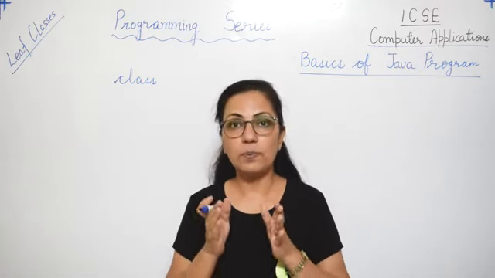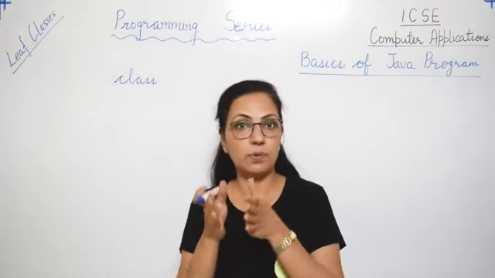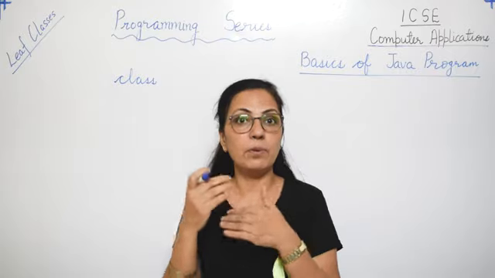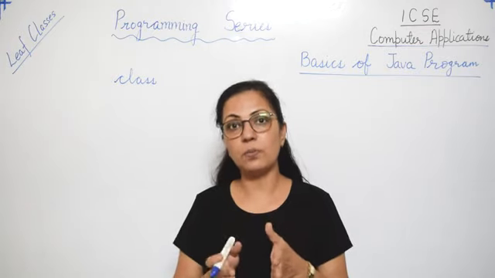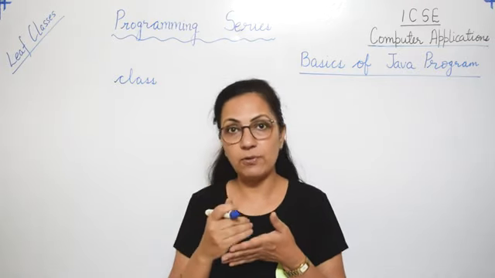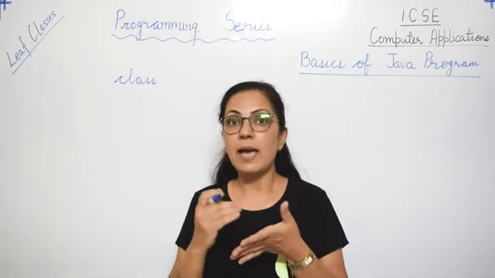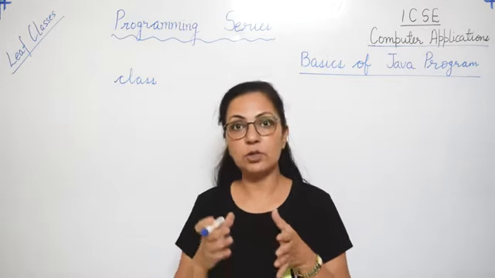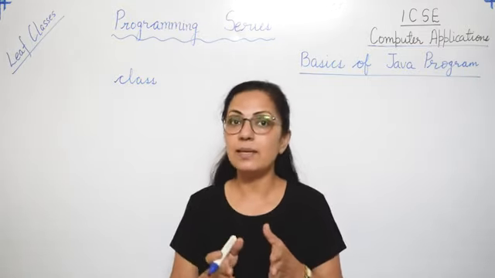And a program always works on the principle of input, process, output, as your computer works. You give input to the computer, it processes that, and you get the result. Similarly, in a program we give the values in the form of assignment, or we input the values during the execution of the program, and then we do the calculation depending upon the objective of the question, and finally using the display statements we display the result.